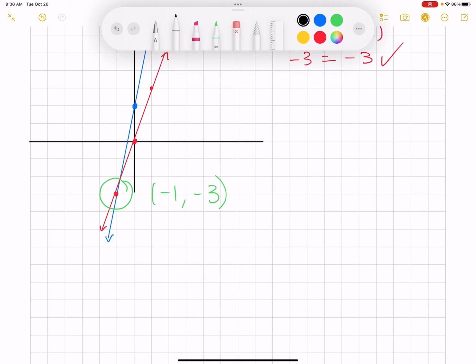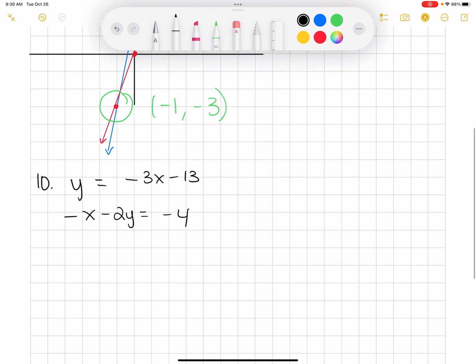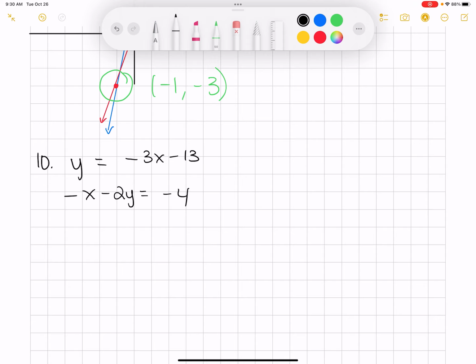All right. Let's see, 10. Y is equal to -3x minus 13, and -x minus 2y is equal to -4. The top one is already set for me, but I need to move stuff around for the bottom.